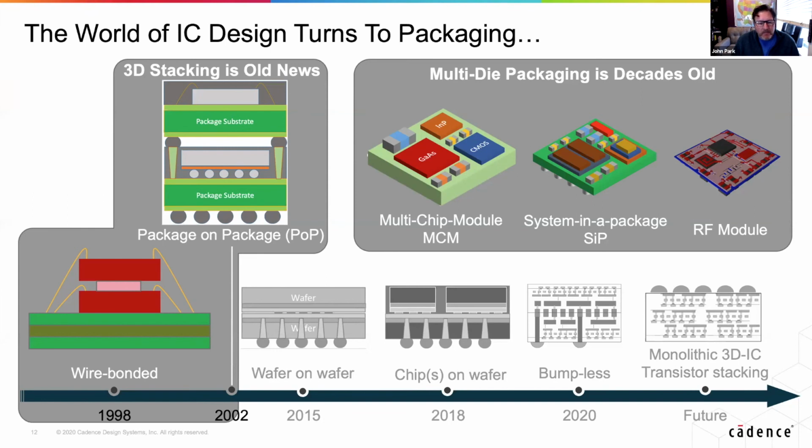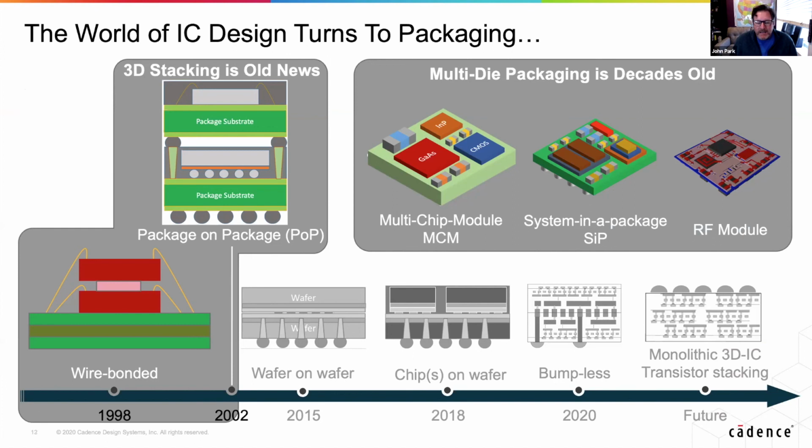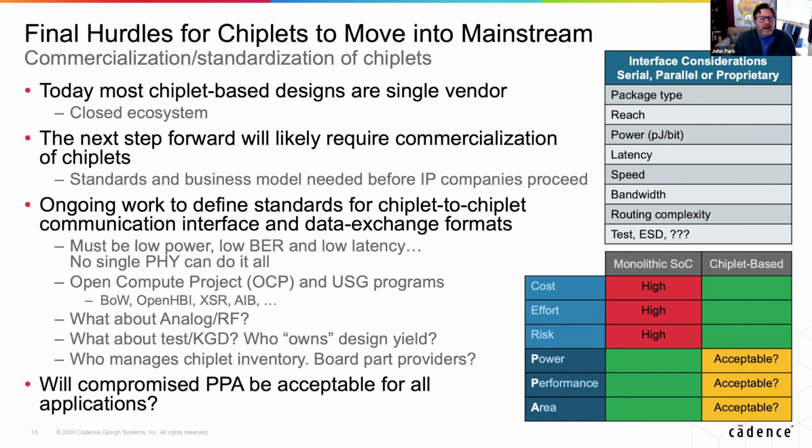So a lot of the attributes that this world of more than Moore is looking for, we already have that capability and some of that expertise in the design community of advanced packaging. Yes, 3D stacking is evolving, but that baseline of heterogeneously integrating multiple chips and stacking them vertically exists in the packaging world, and that's why we're looking to that.